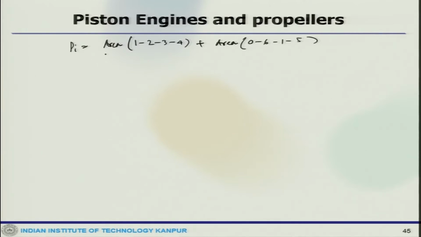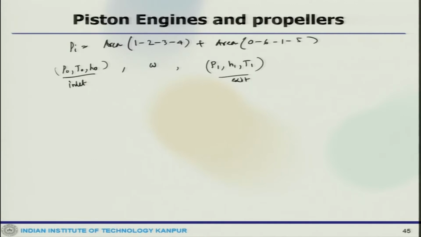Now, the air enters the compressor at pressure and temperature P naught, T naught, H naught, and the work supplied to the supercharger is W, and when it leaves the supercharger the pressure and temperature are P1, H1, T1. So, this is at the inlet, this is at the exit.